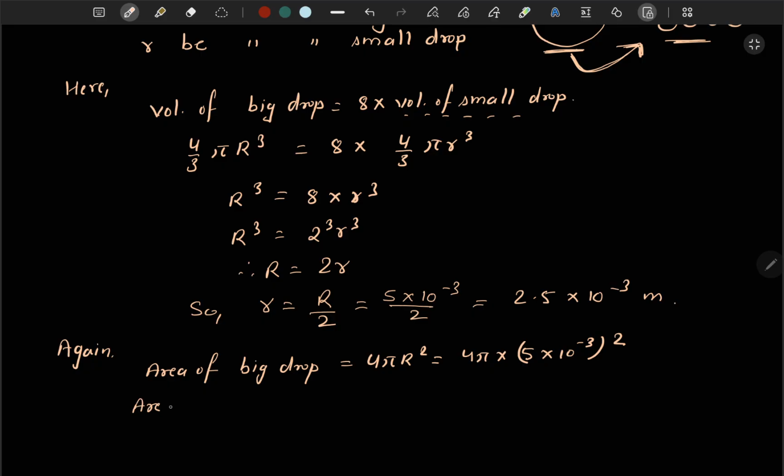Similarly, area of 8 small drops is equal to 8 into 4 pi r square, that is 8 into 4 pi into 2.5 into 10 power minus 3 square.